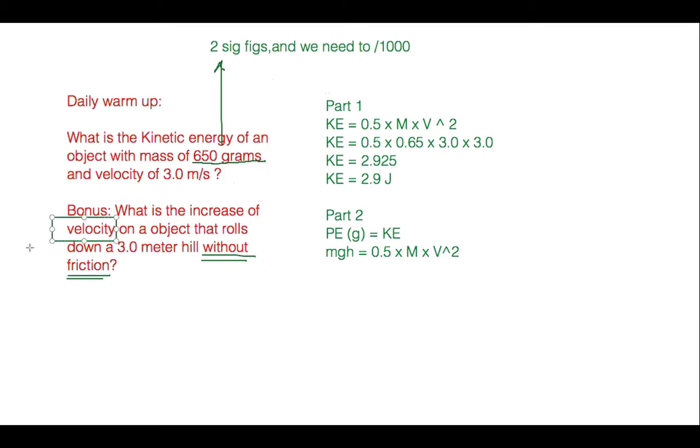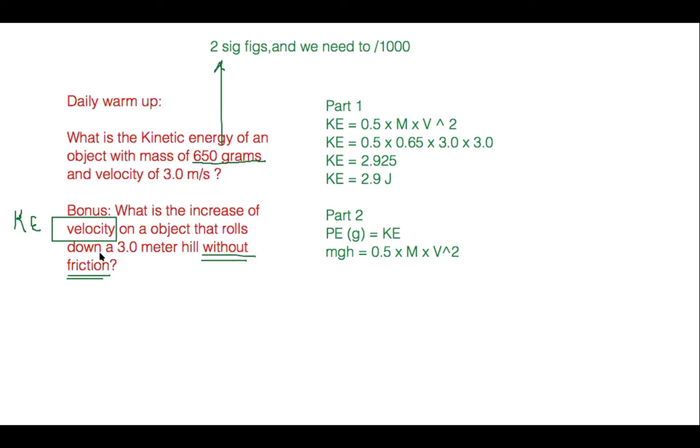Put it in the chat: as soon as you see the word velocity, what type of energy are we going to be getting? Kinetic energy. As soon as you see velocity, we know this is going to have something to do with kinetic energy, okay?